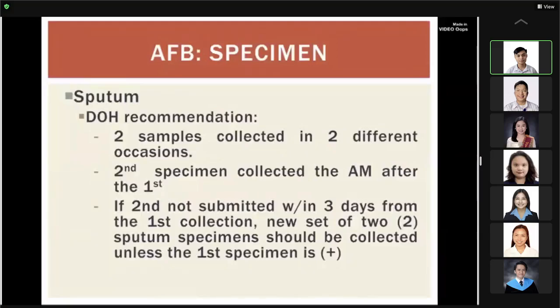So yung first collection mo, 12 noon, second collection mo is 1 o'clock, that it's still valid. If the second sample cannot be submitted within 3 days, repeat testing. Magre-repeat unless the first sample is already positive.